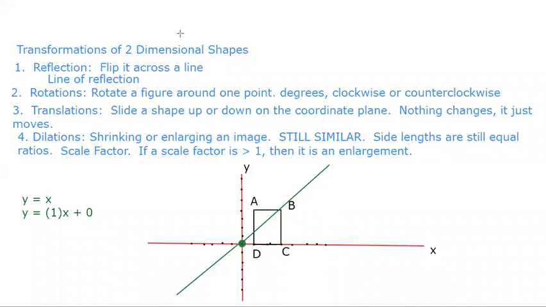So A prime would be up 3 and over, no, just a straight up 3. So from the point on the line, you would go down 3. So it's kind of like we're going to turn this around that line because it's sitting on it.